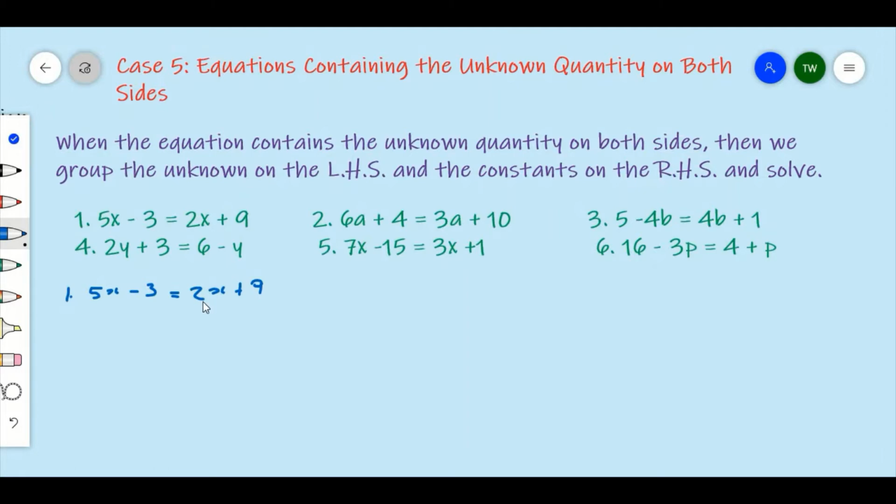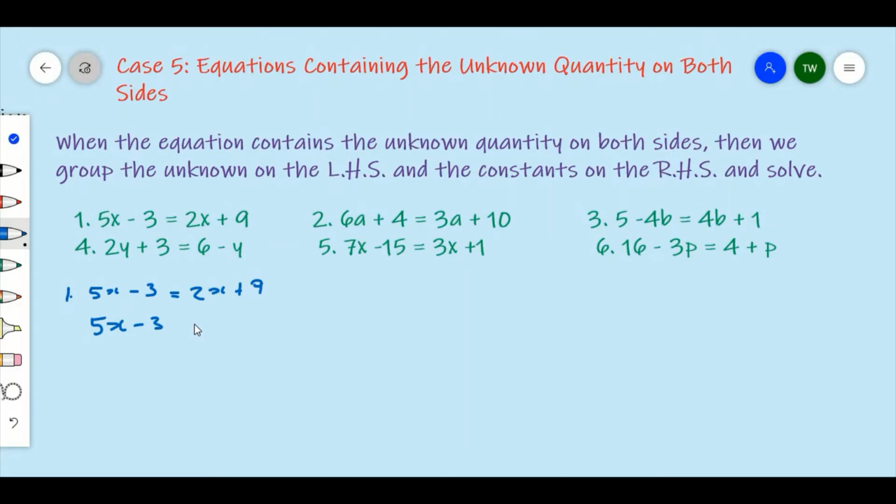Now, in order to group the like terms, right here we have a positive 2x. So in order to get rid of this 2x, we are going to subtract 2x from both sides. So that's the first thing that we're going to do, right? So we're going to write back exactly what we have. So we're going to write 5x minus 3.